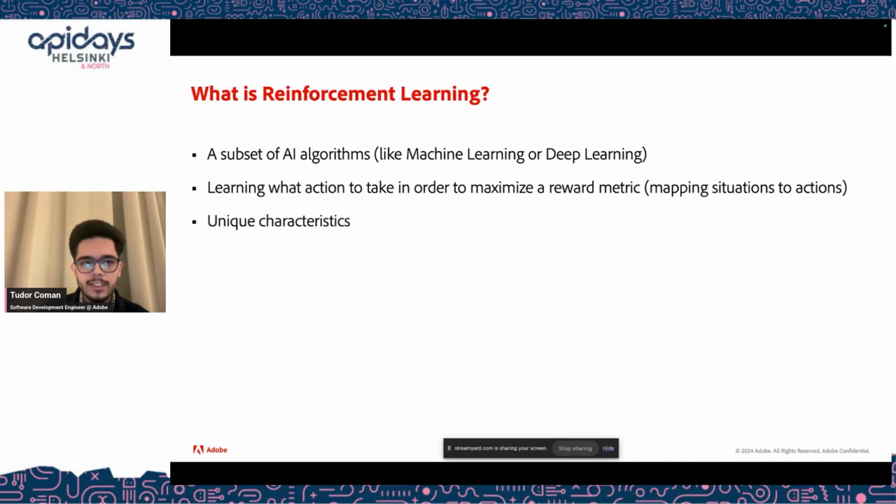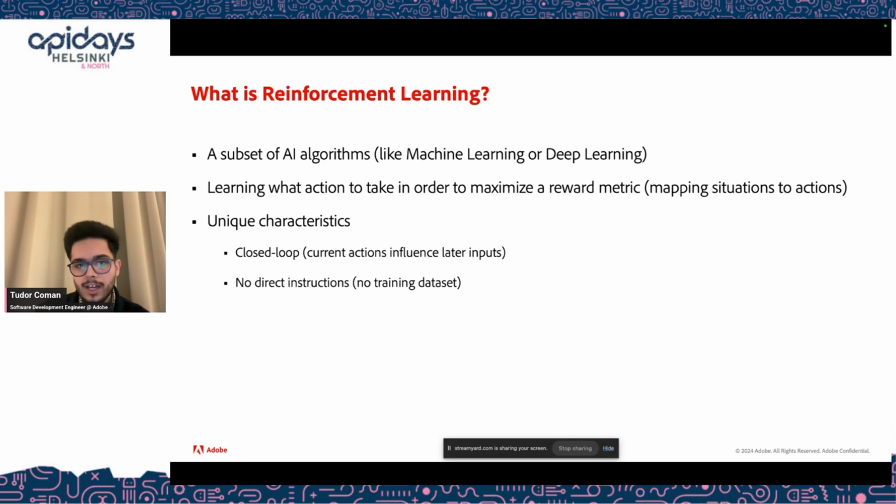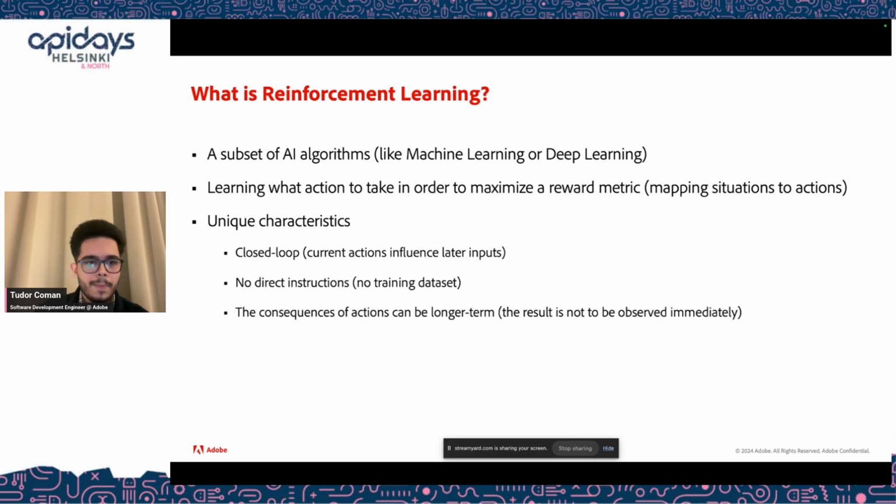Some unique characteristics about these algorithms. First of all, they are closed loop, so current actions influence later inputs. They also have no training data set or any kind of direct instructions. And the consequences of actions can be longer term, which means that the result is not to be observed immediately.